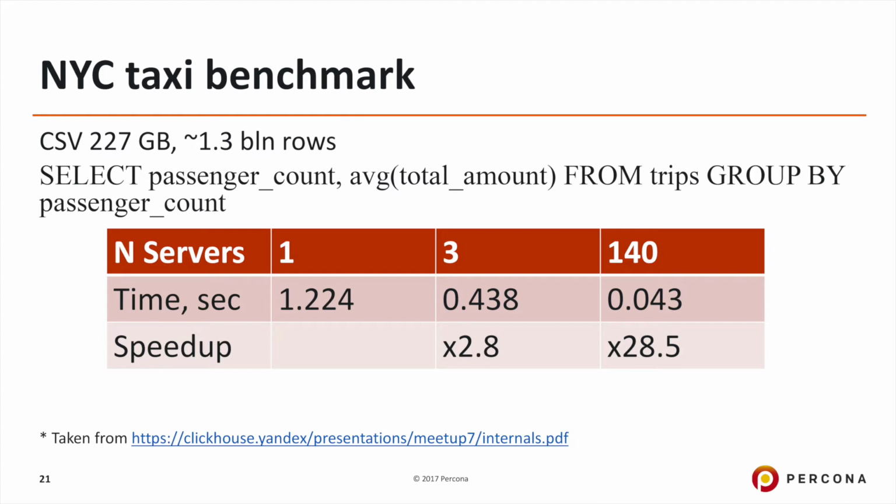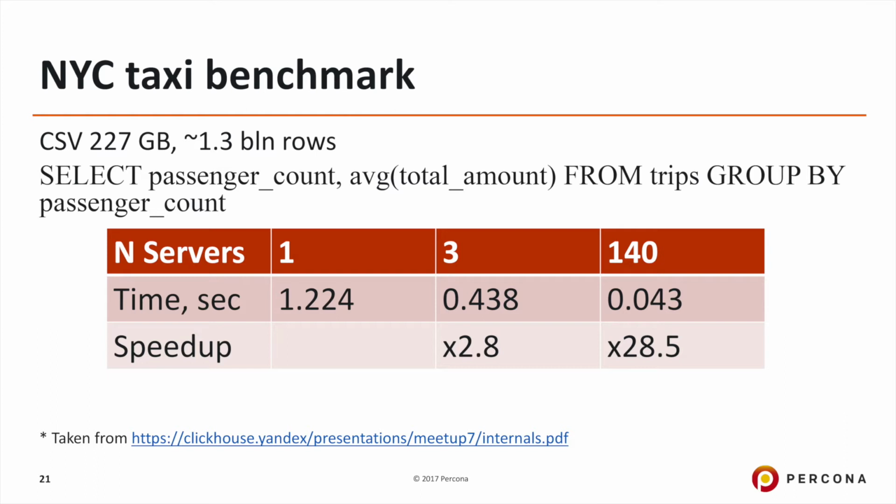And from another experiment, if you take a look at this query and a publicly available data set, the New York taxi data set, which you can find on Google. This dataset contains 1.3 billion rows, and for the experiment there is this query, again with aggregation and an average function.